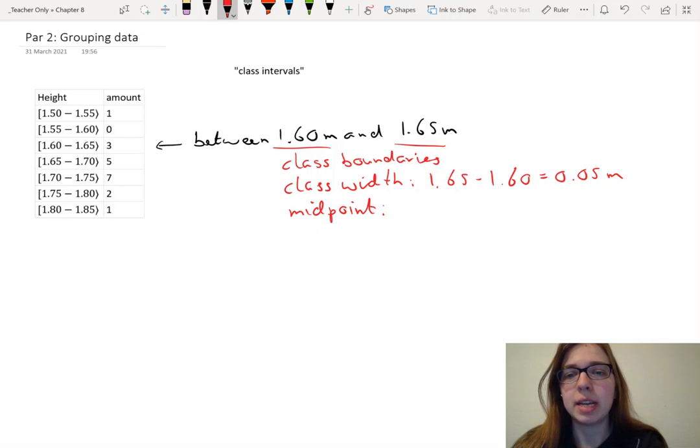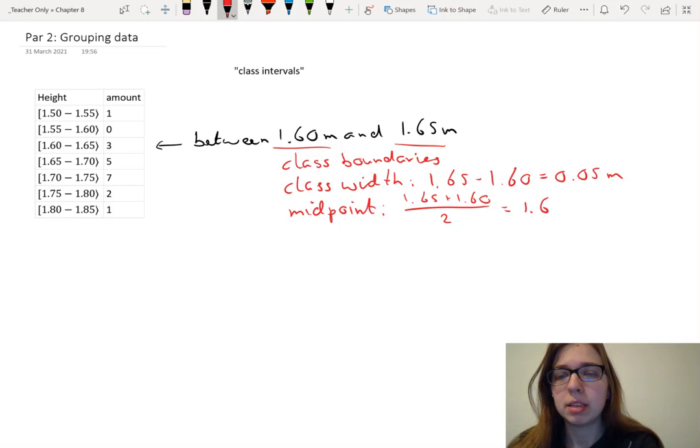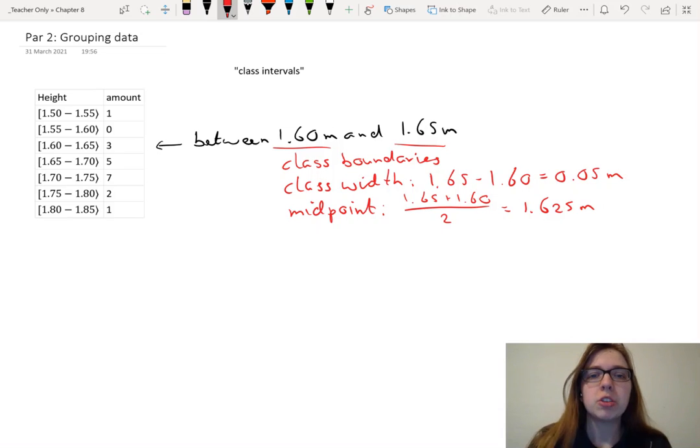So this time I don't take the difference. Instead, I add them and divide by 2 to get the average, rather the mean. And we see that 1.625 is my midpoint. So those are a couple of terms that we can use with grouped data.